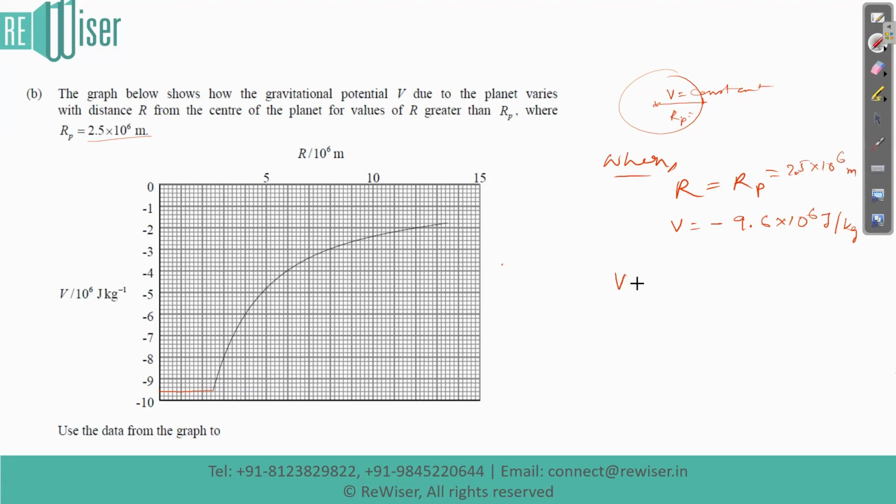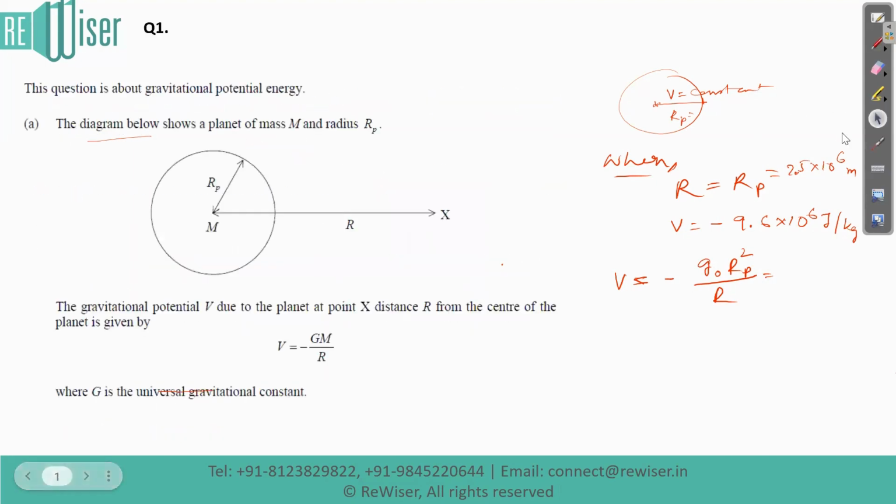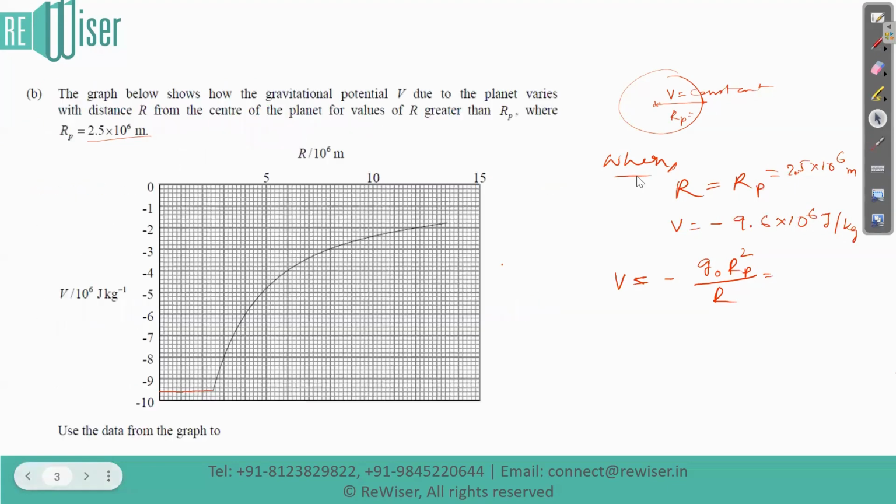Now we have found V is equal to minus g0 rp squared divided by r. Now you see, r we are considering because we are imagining that the smaller planet has come to this point.